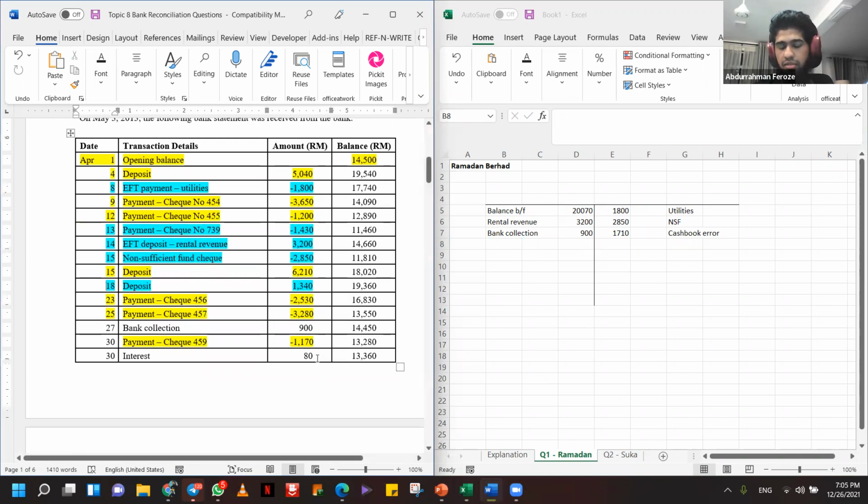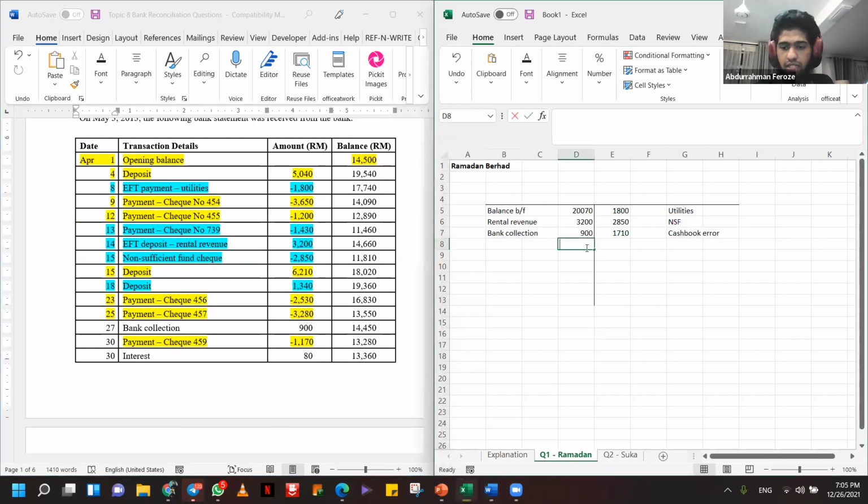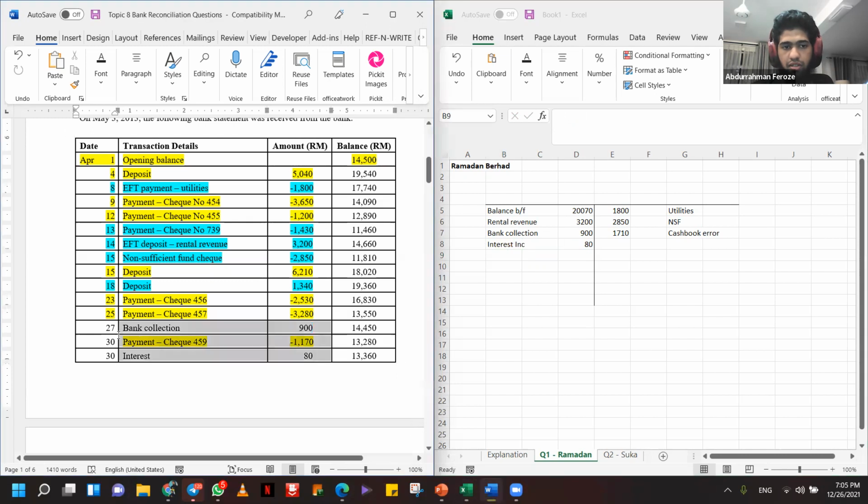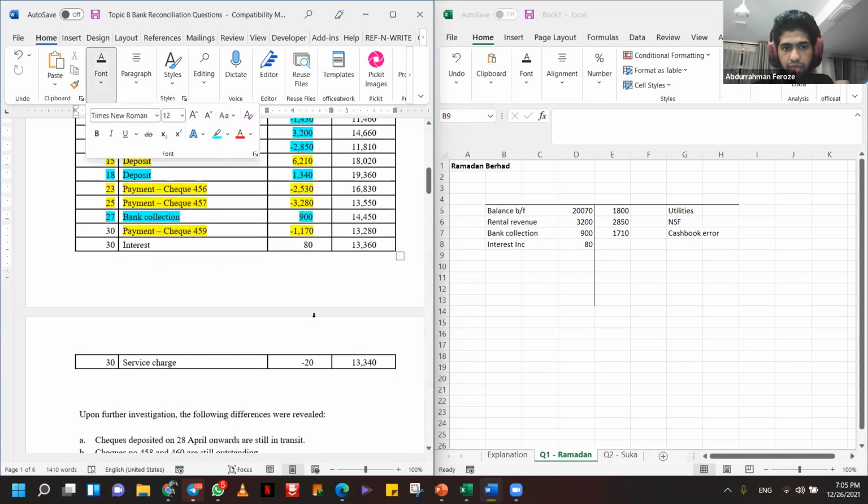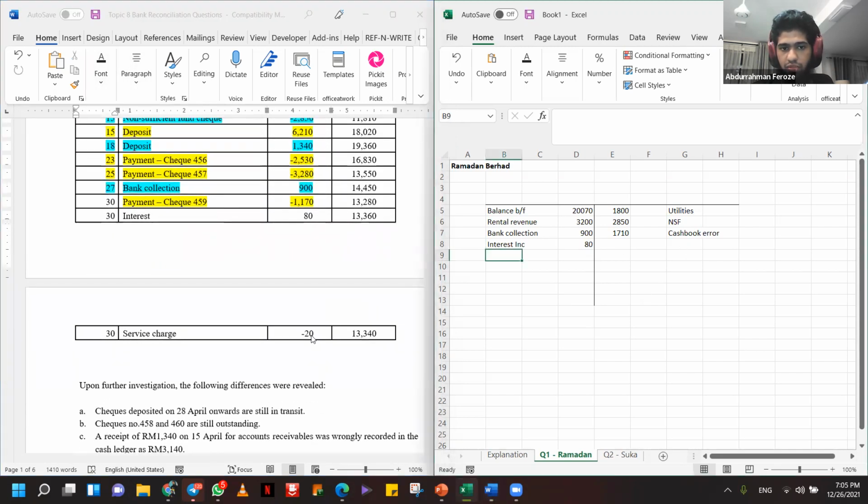So the money the company has received, it's 80 interest income, just to make clear. And then we have service charge. This is once again an expense, so it needs to be credited. Service charge.